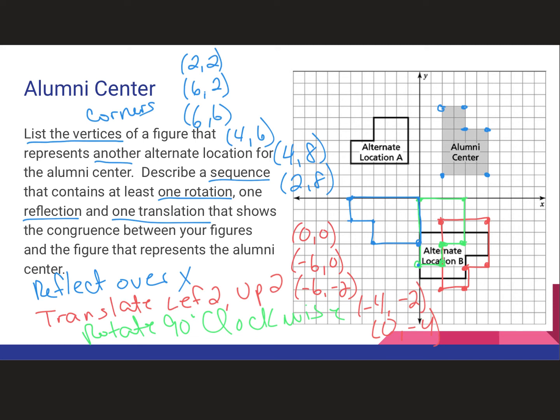So I can see my new vertices. Okay? So remember, we just move it. All of those involved me using these similar making congruent figures.